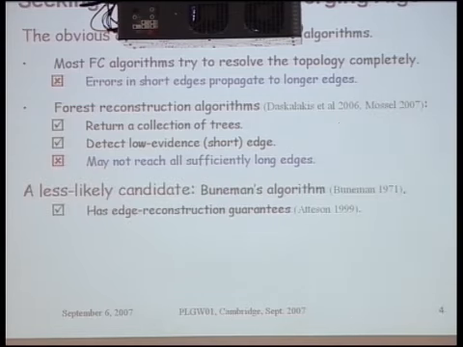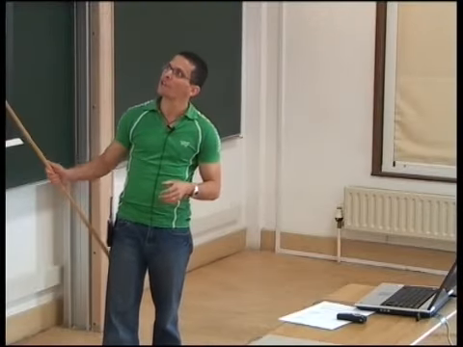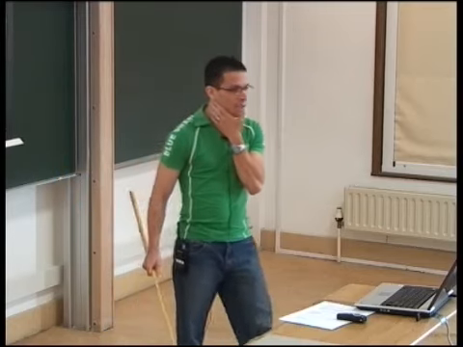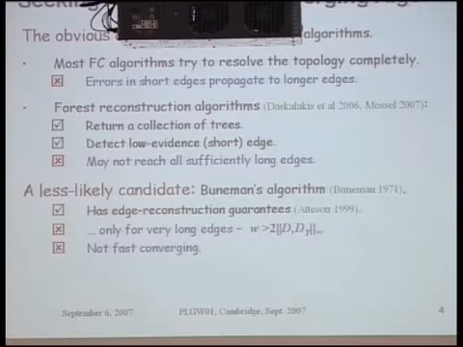So after despairing of these fast converging methods, we tried to look at a method which we know is very reliable and has edge reconstruction guarantees, and that is Bunemann's method from '71. The problem with it, obviously, is that it's not fast converging, so it can't be adaptive fast converging, and the edge reconstruction guarantee it has is very poor.